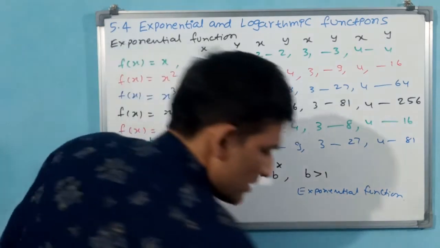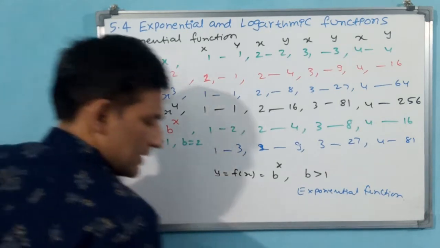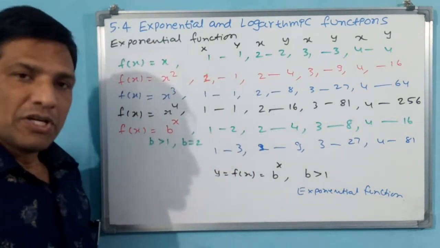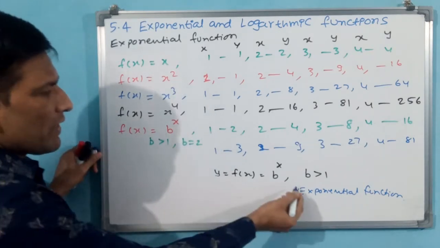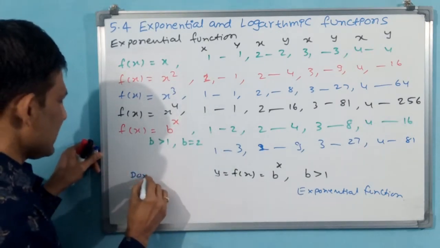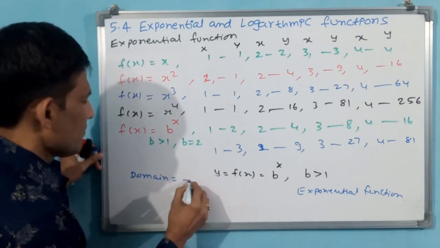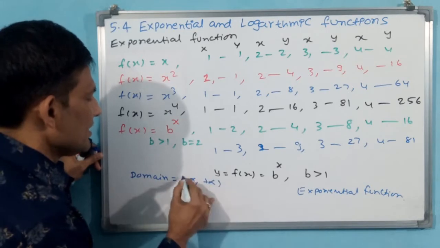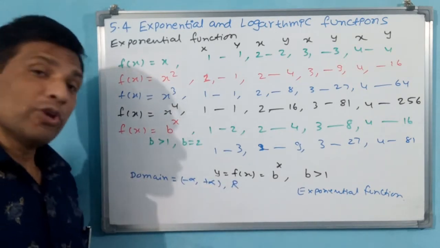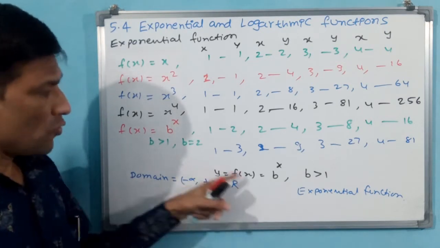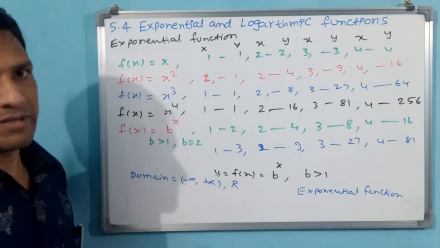But now you tell me, for an exponential function, what can we say about the domain? Shall we give a negative number or not? Is there any condition? See, for an exponential function, I am writing the domain here. Domain is minus infinity to plus infinity, R. You can give negative numbers also for the domain of an exponential function.